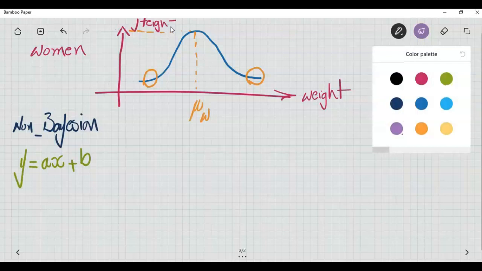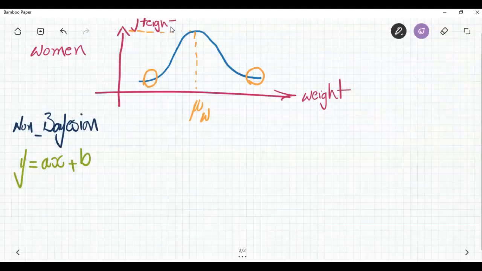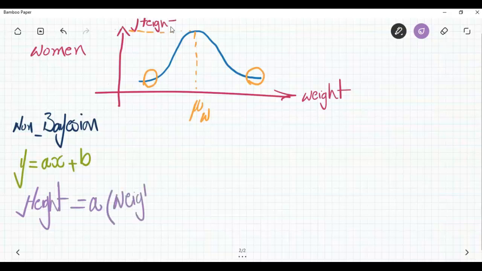Essentially, the height is represented as a slope A times weight plus an intercept B.